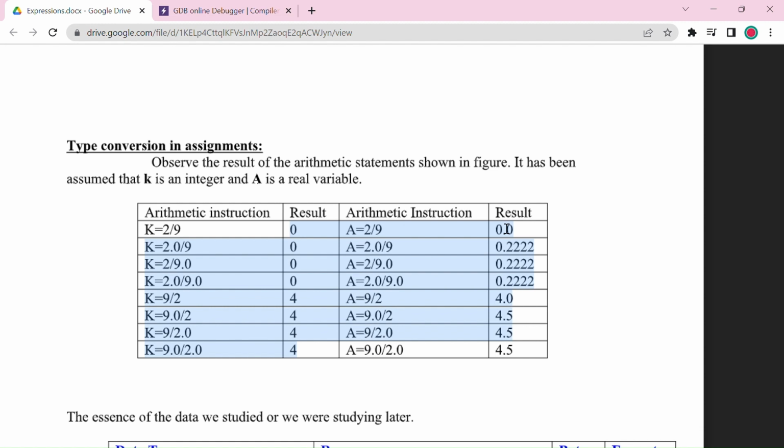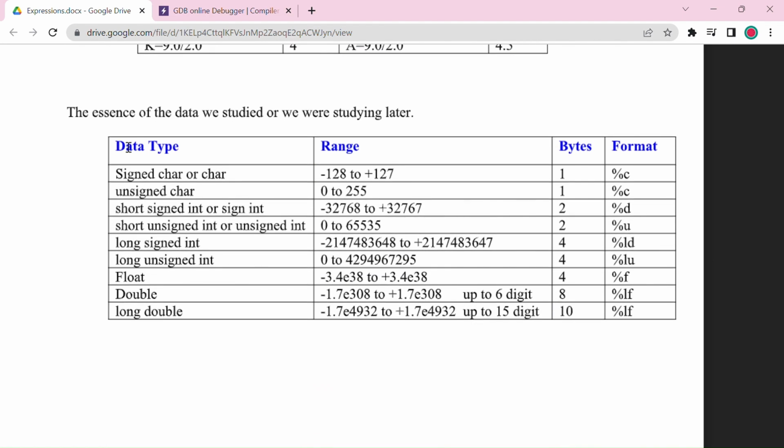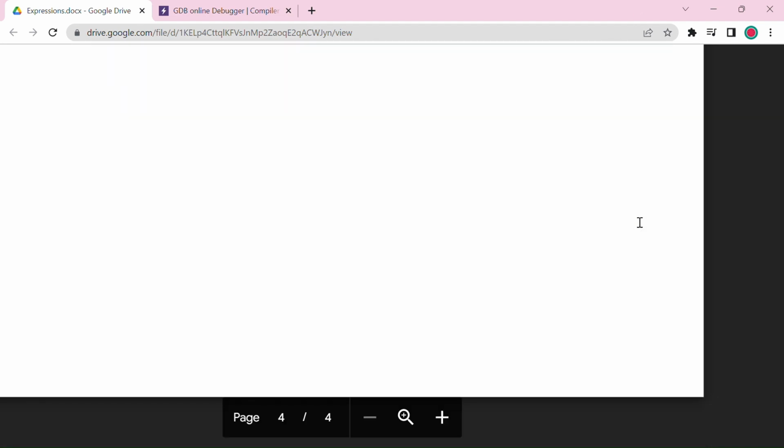As you can see, these are all the float values and these are all the integer values, okay? So this is the basic difference that has been clarified in this table. Now we have the essence of data types we were studying earlier, okay? This is the table that we have discussed in the previous videos as well. You can go watch that about the format specifier, okay?